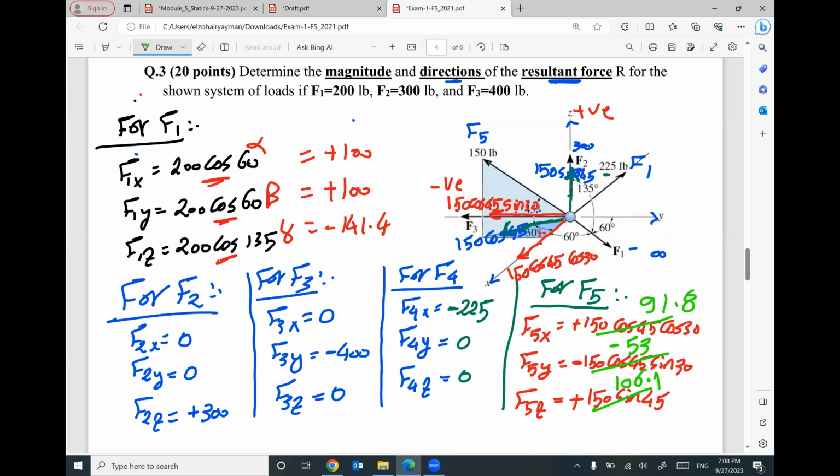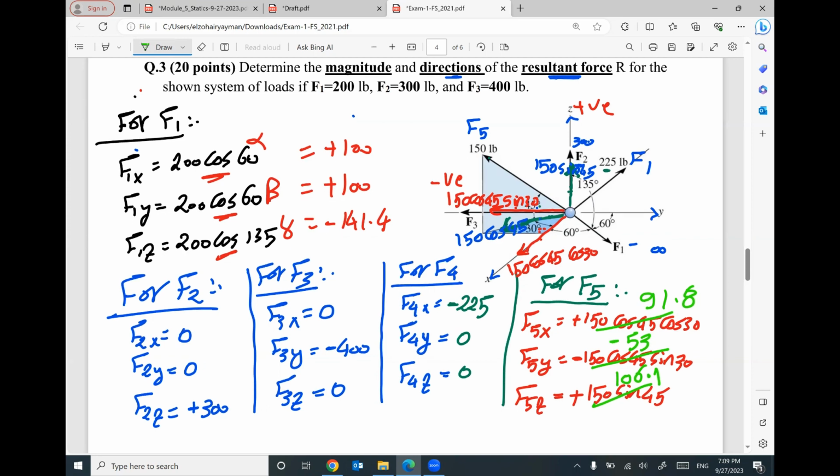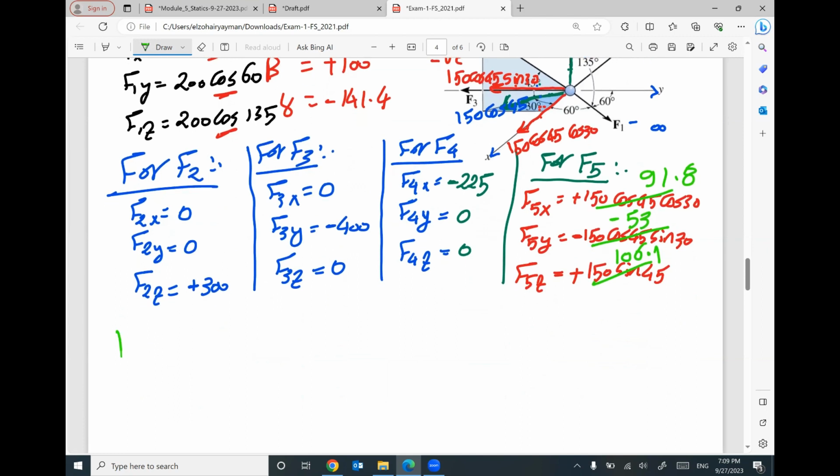I am done with the 5 forces, F1, F2, F3, F4, F5. Then I can get the resultant.